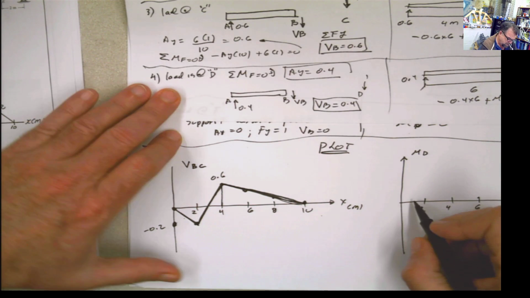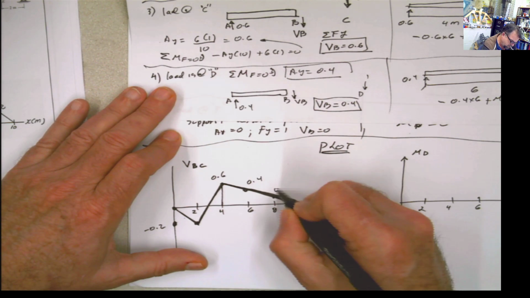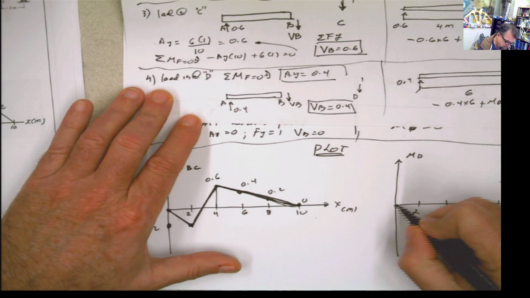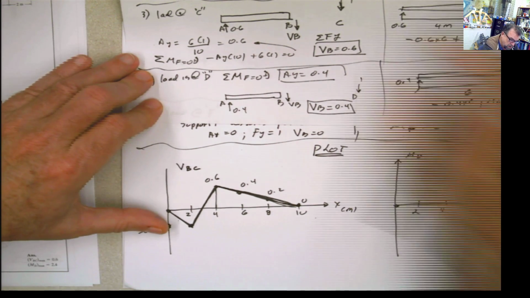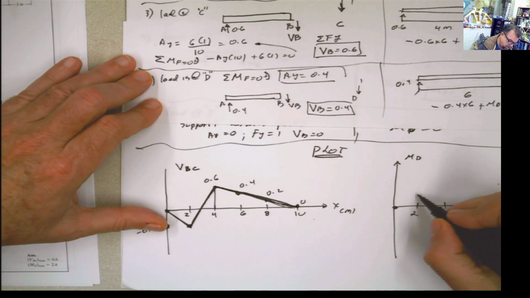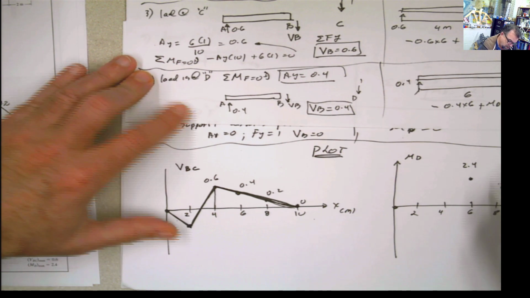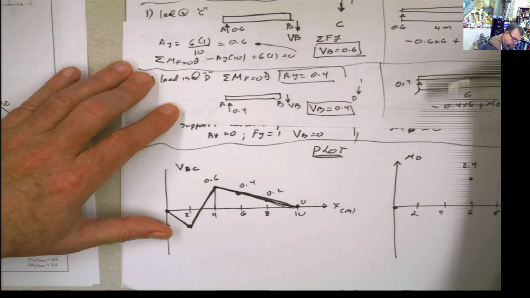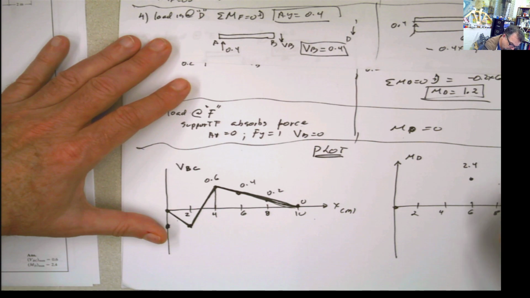Now the moment, well, you should put the values. 0.4, 0.2, 0, and the moment starts from 0 when the load is at A, and then 0.8, 1.6, 2.4, and the maximum is going to be here at 2.4, and then it comes to 1.2 and 0 again.